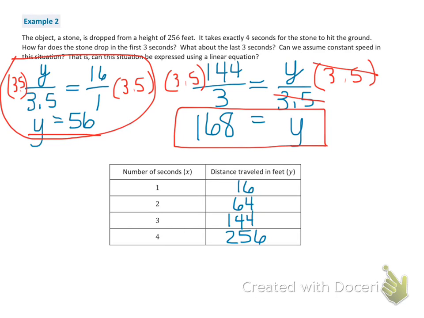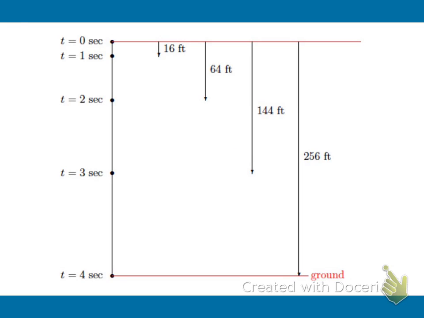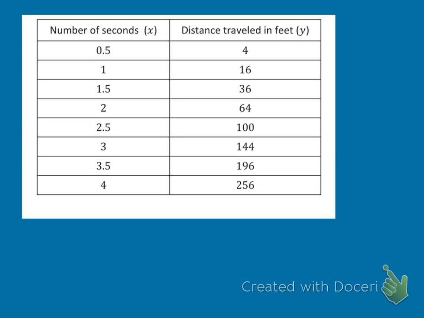But we have more information. So suppose we repeated the experiment and got this data. So now we know these half-second intervals here. So we know that in half a second, it traveled 4 feet and down this table.